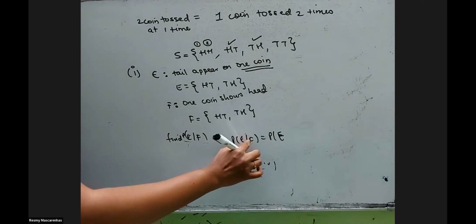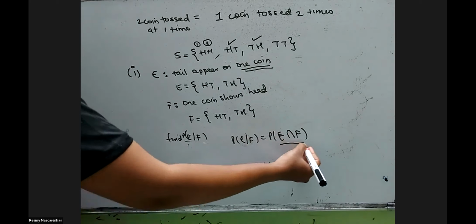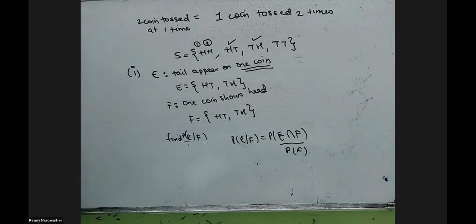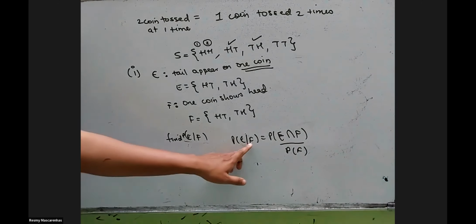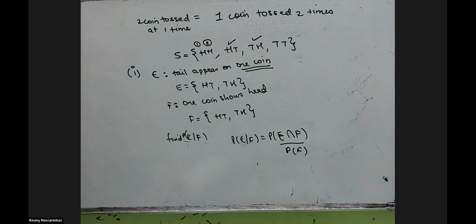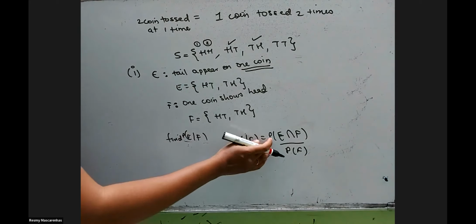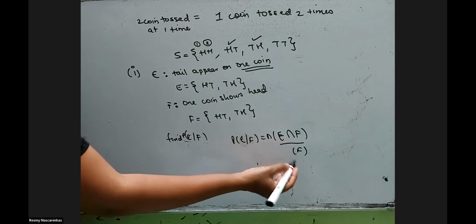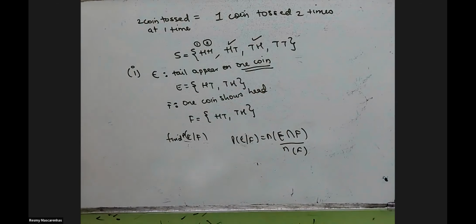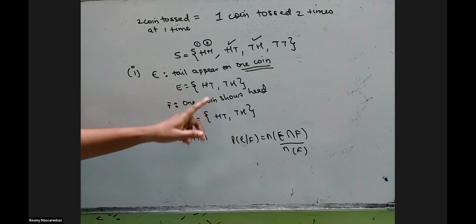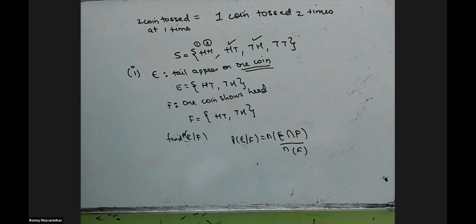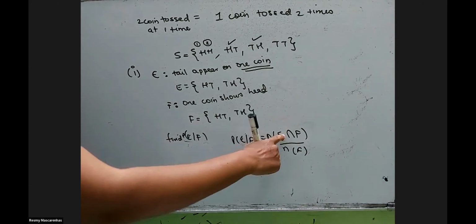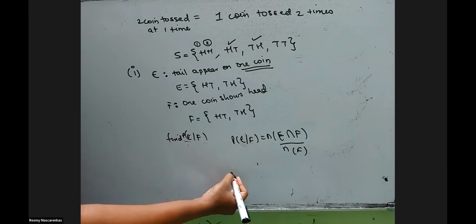Same thing, instead of A and B, it is E and F: P of E intersection F upon P of F. Since we are using the sample space, instead of probability I can use N, the number of elements, because directly the values are not given. Whenever you use the set form, we use N. First, what is N of E intersection F?